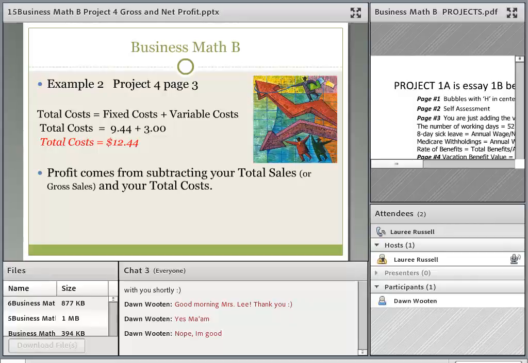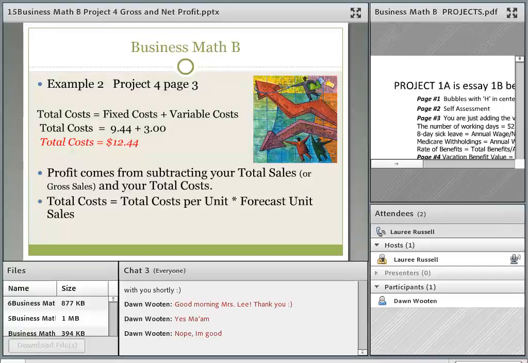That was pretty basic. Our profit, remember, is going to come from subtracting total sales, or gross sales, and the total costs. And remember, total costs, that's all the costs, is going to be how much it costs per unit times how many we're going to sell.